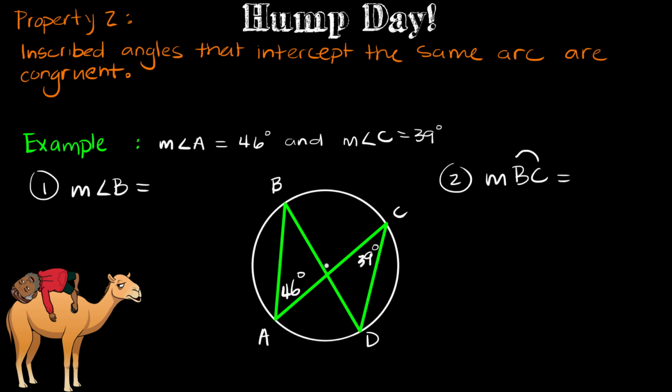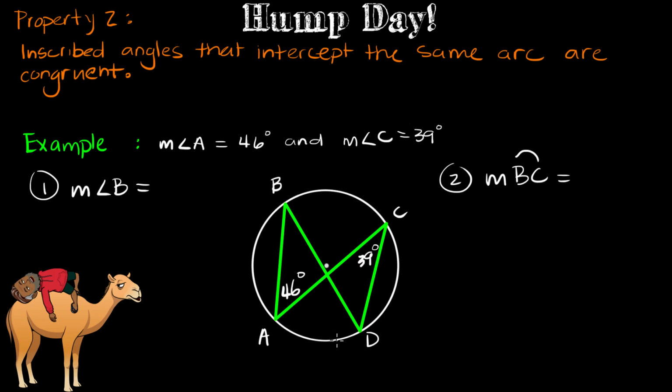So suppose we have angle A, which is 46 degrees, and angle C, which is 39. You'll notice that angle A intercepts BC, and angle C intercepts arc AD. All right. First question, find the measure of angle B. Angle B is located right here.